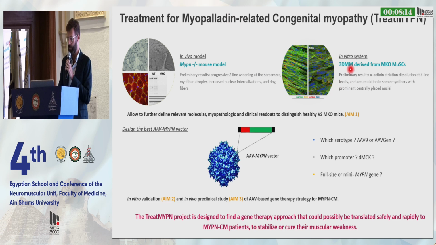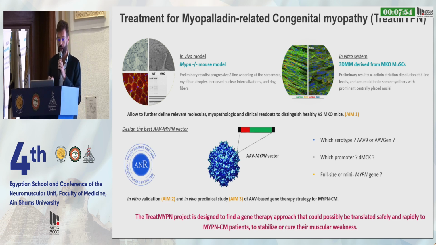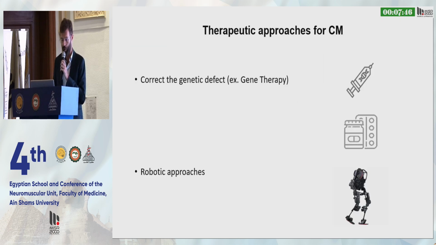We have this in vitro 3D muscle-derived cell model that we can inject with the AAV. As myopalladin has a size that could fit into this AAV vector, we will construct it and we will try to treat this patient. We are very happy because we got a project financed by the National French Agency, and we will go into this approach.